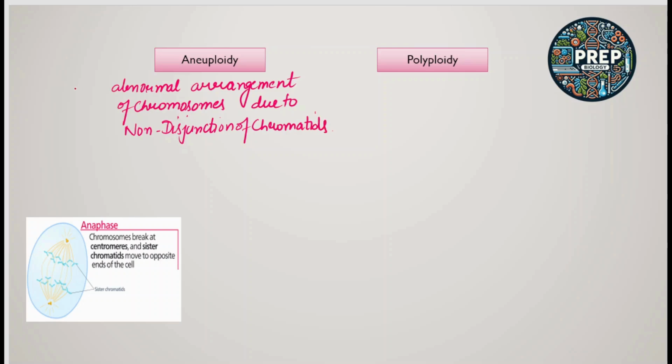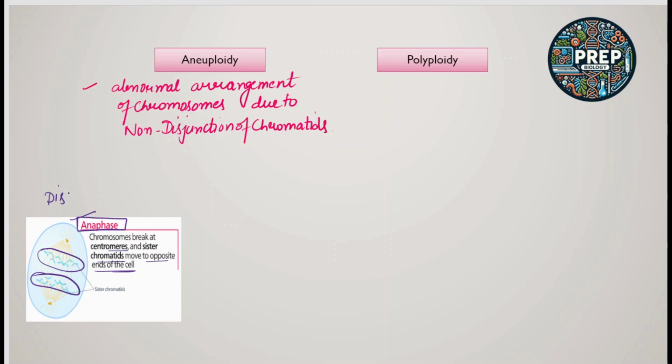Now understand it carefully. We know that during meiosis the anaphase phase is there, and in the anaphase the chromosomes break at centromeres and sister chromatids move to opposite ends of the poles.